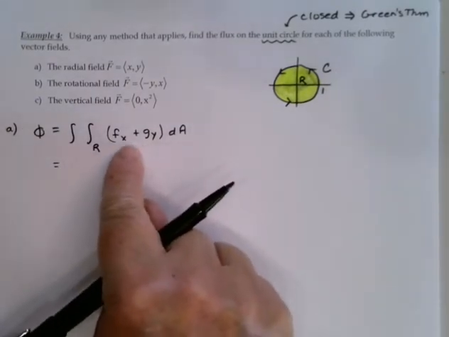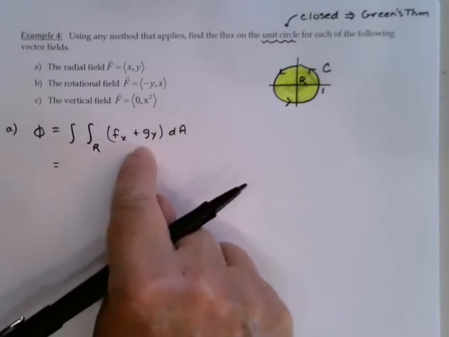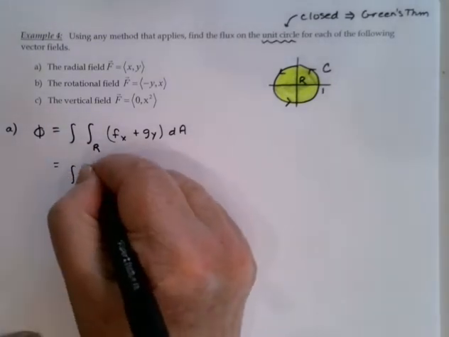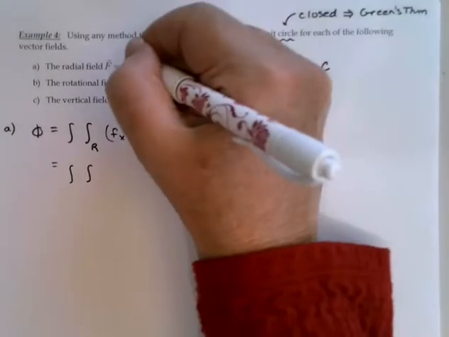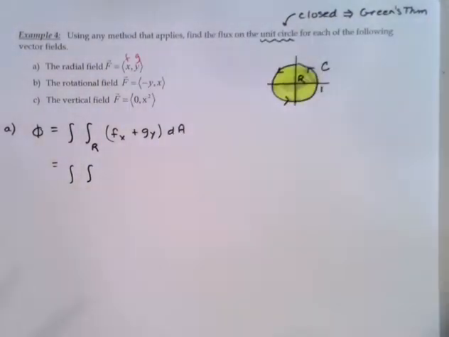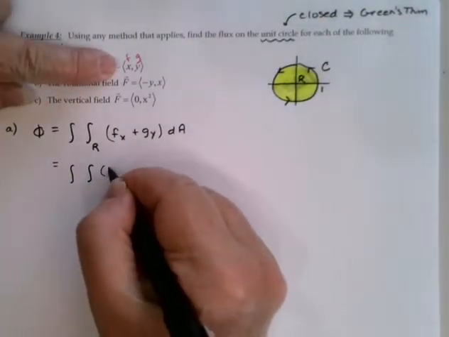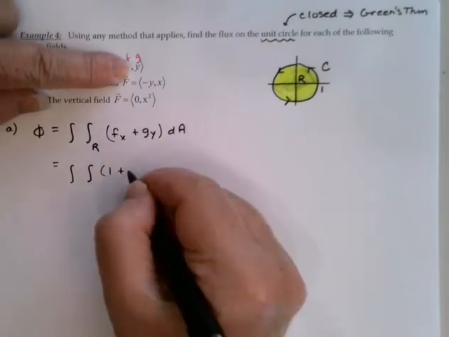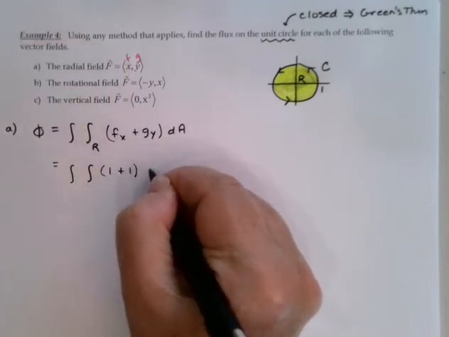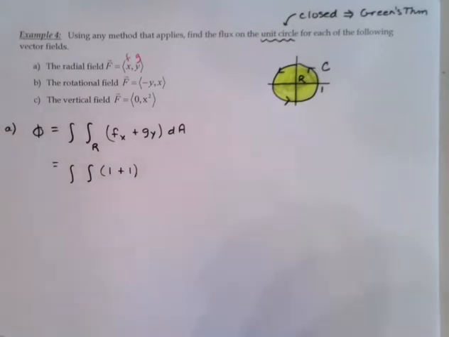But that's what changes depending on whether it's circulation or flux. I'm doing flux now. So for the radial field, f sub x is 1, g sub y is also 1. So I've just got a nice constant that I'm integrating, constant 2.